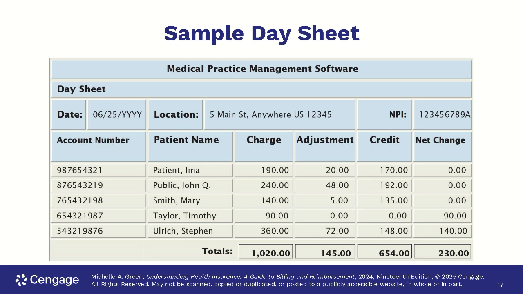All right, here is a form that is called a day sheet. And this is how much we brought in for the day, right? So we had these 5 patients. The charges were $1,000. Of course, we're gonna have more than 5 patients, right? Adjustments. Our adjustments are like the agreement that we have with the insurance company, right?